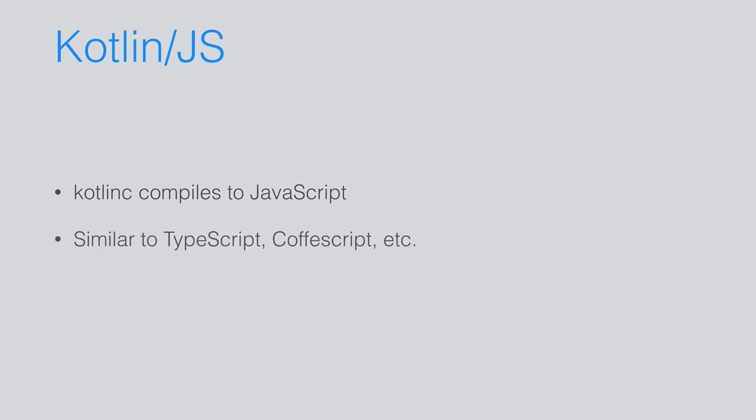is similar to TypeScript, CoffeeScript, these other nicer, higher level languages that compile down to JavaScript. Again, it has full interop with existing JavaScript libraries, and that's two-way interop. So that means in Kotlin code you can import Node packages or React.js if you use that.